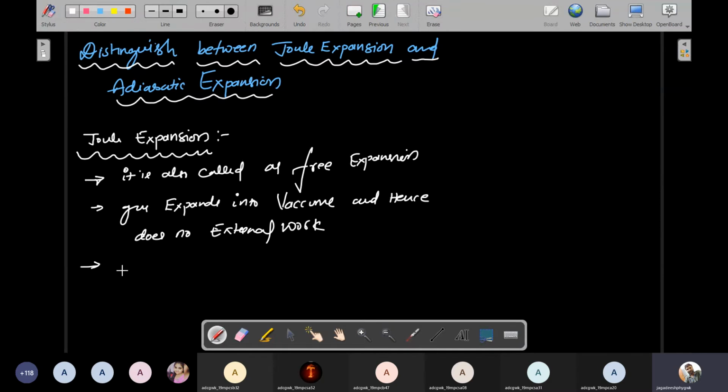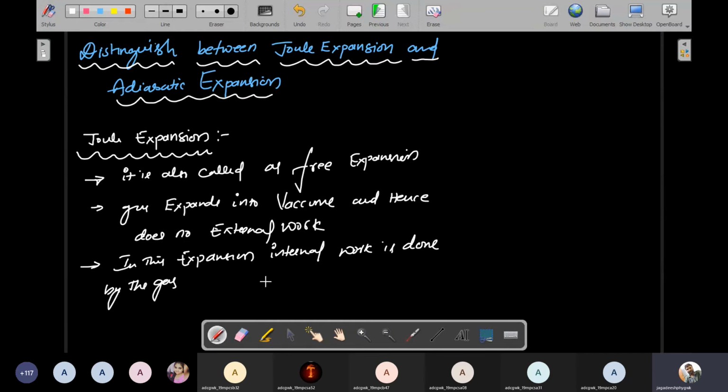In this expansion, internal work is done by the gas. This internal work is done against the intermolecular force of attraction.